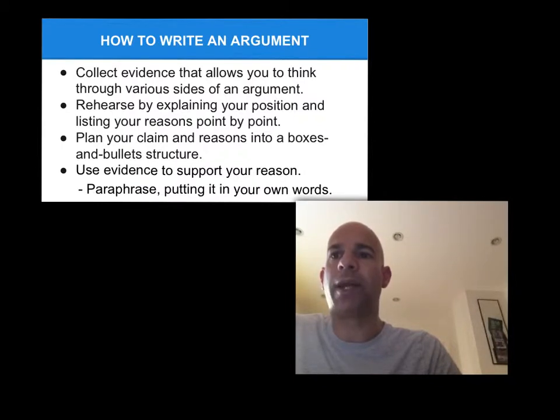And then you planned your claim and reasons into a boxes and bullets structure. We all did that. Now you're going to use evidence to support your reason, paraphrasing and putting it into your own words. So far, those have been the steps in how to write an argument. Make sure that when you're done, you submit your work into the standard-based grading Dropbox so I can go ahead and review it.